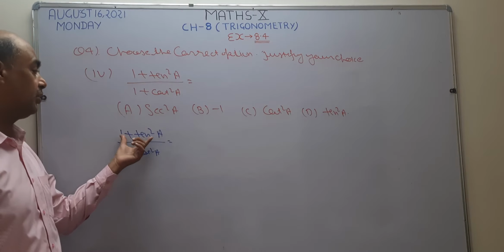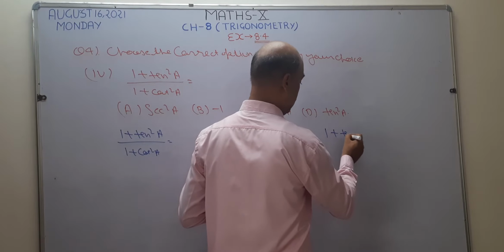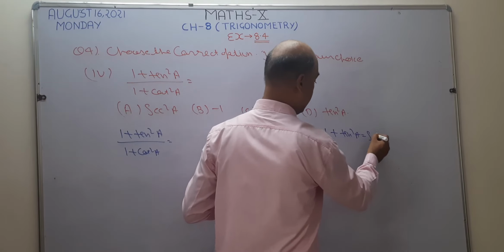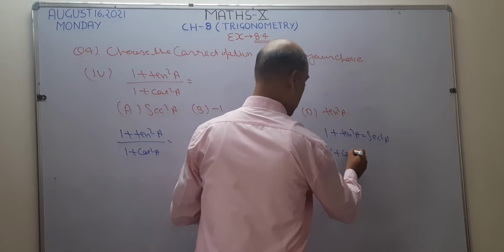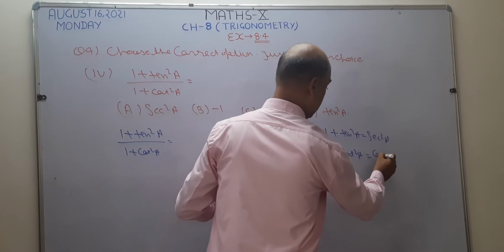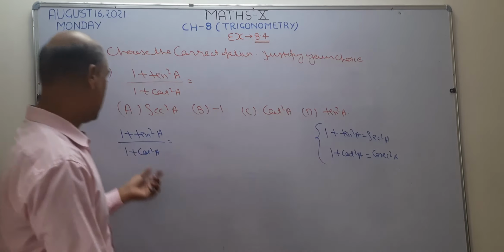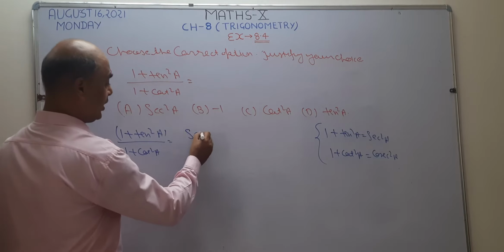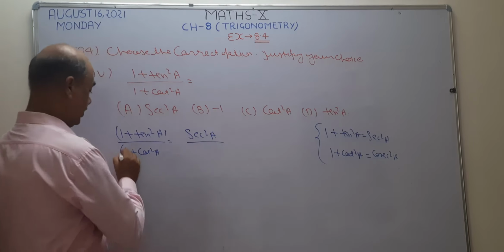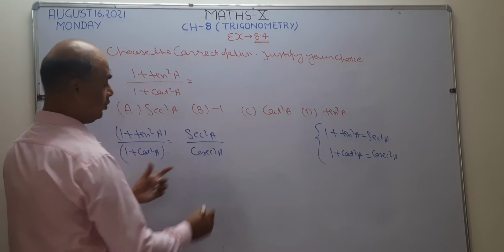You know 1 plus tan square A is equal to secant square A, and 1 plus cot square A is equal to cosec square A, using the identity formula. So instead of 1 plus tan square A, I write secant square A, and instead of 1 plus cot square A, I write cosec square A.